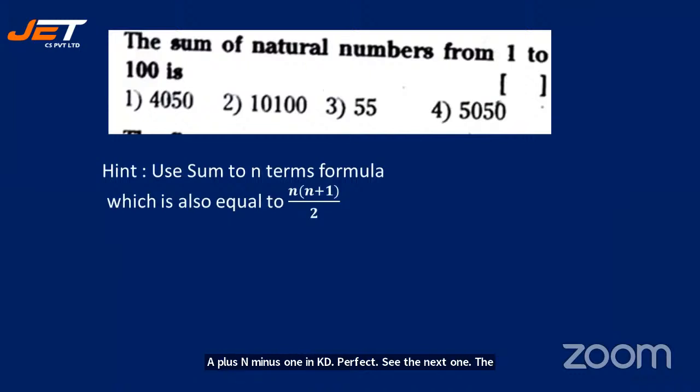The sum of natural numbers from 1 to 100 is dash. Is it clear? So now give me the answer very quickly. And the clue is also given here, isn't it? Yes. What is it? It should be n into (n plus 1) by 2. What is n? Right?